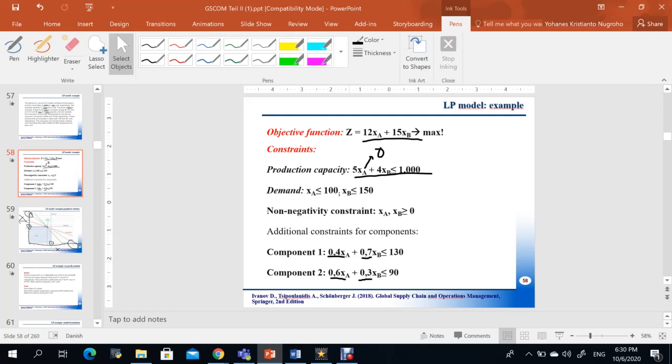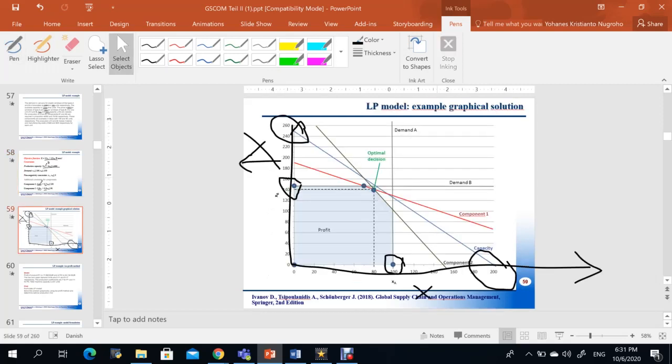And what else? Now we have the component number one constraint. We do the same with the production capacity here. If xa is equal to 0, then xb should be equal to 130 divided by 0.7. Then we have this component number 1 constraint.